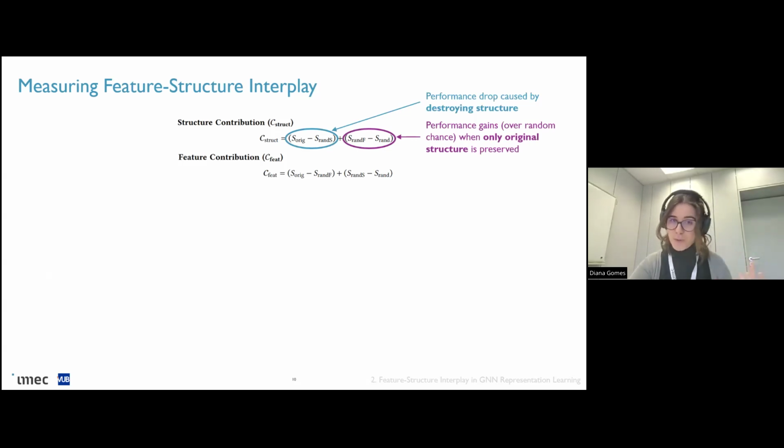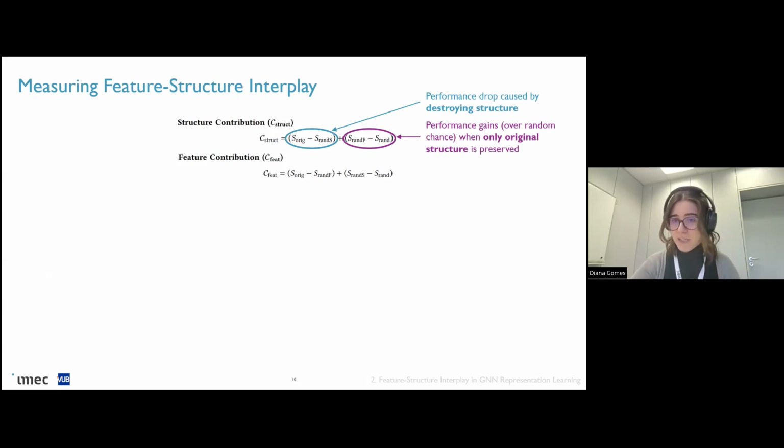For the structure contribution, we have a term that is associated with a performance drop caused by destroying the structure, and another term that is associated with the performance gains over random chance when we only keep the original structure, but the features are randomized.